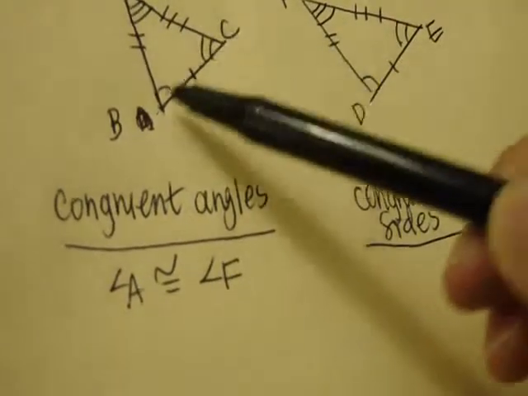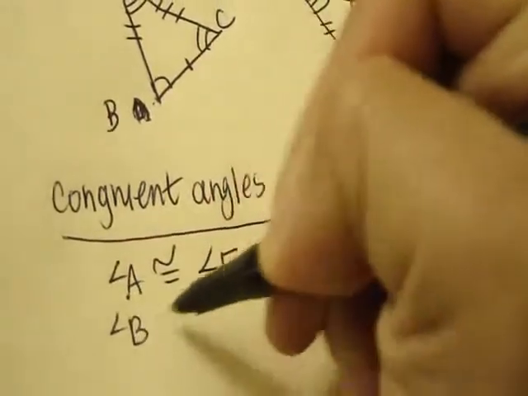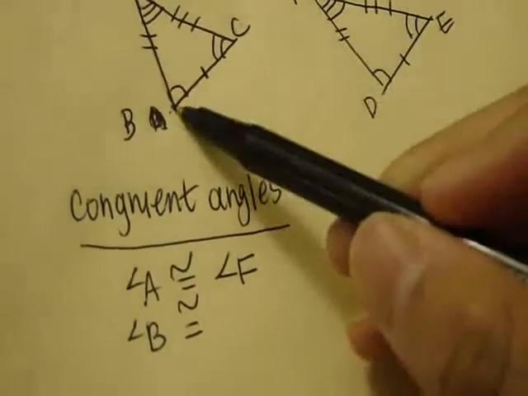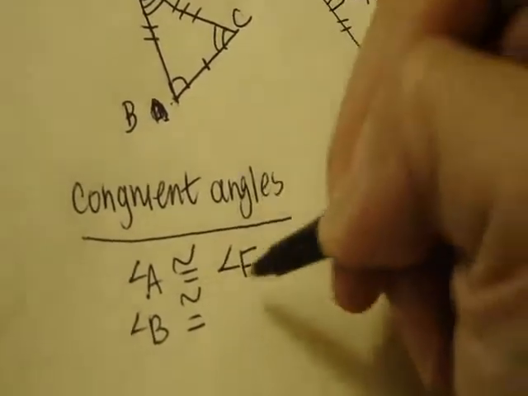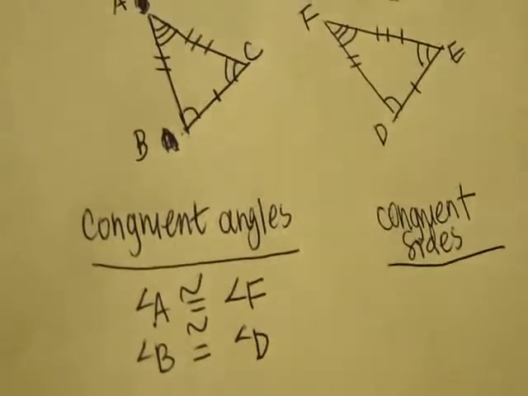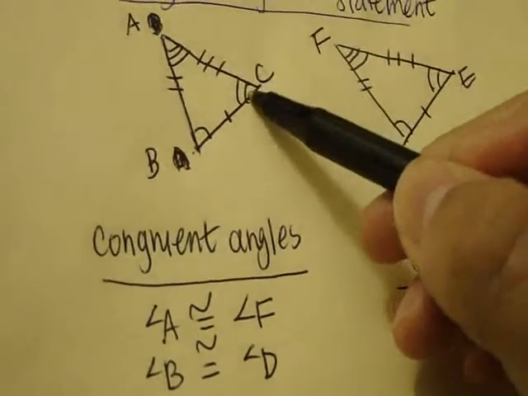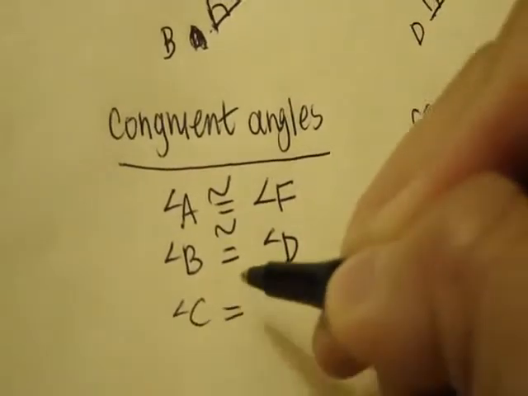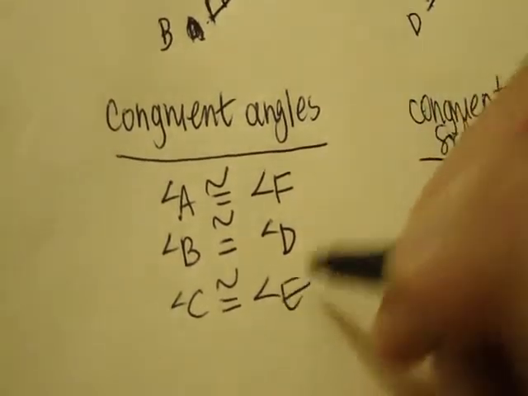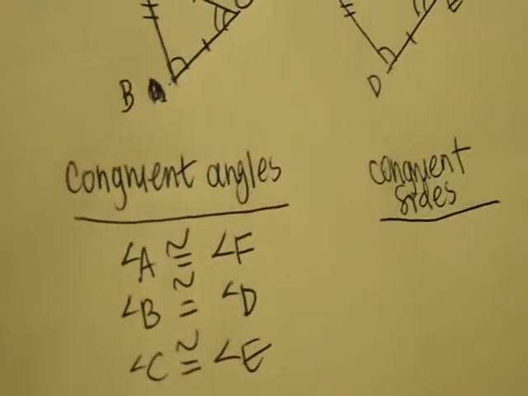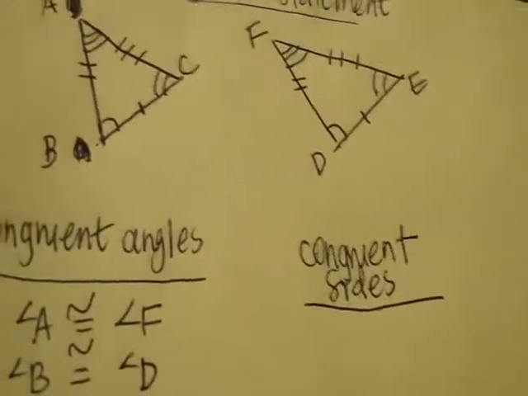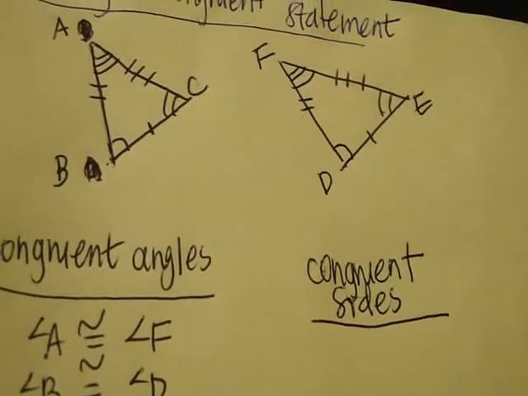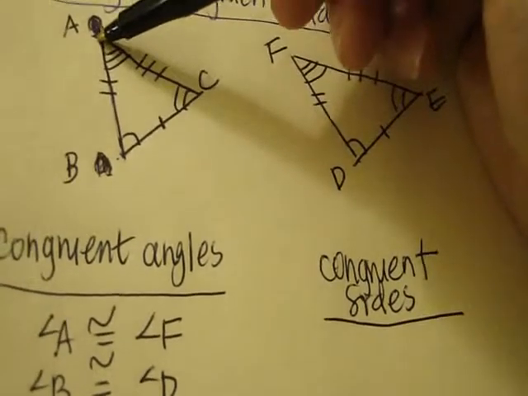And angle B corresponds with angle D. And angle C corresponds with angle E. Okay, so now let's do the congruent sides. Let's start with, I'm just going to go in order with this triangle, AB.